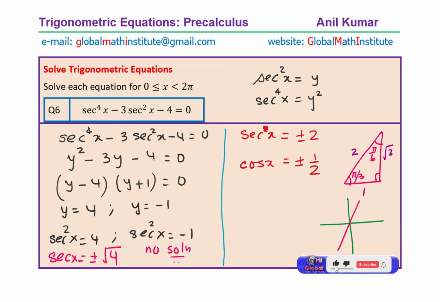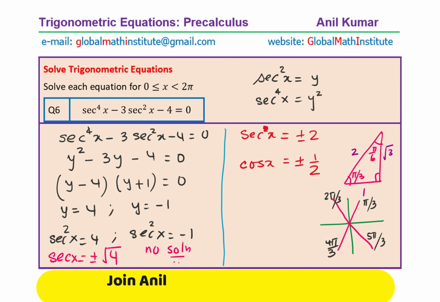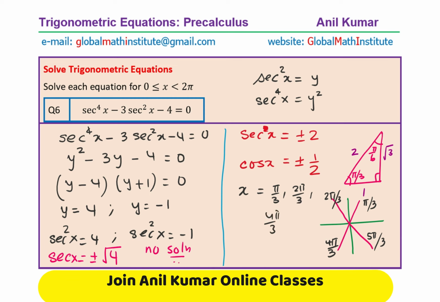So the solutions are, as you know, pi by 3, 2 pi by 3, 4 pi by 3, and 5 pi by 3, correct? So that is how we get the solution for this one. So x is equal to pi by 3, 2 pi by 3, 4 pi by 3, and 5 pi by 3.